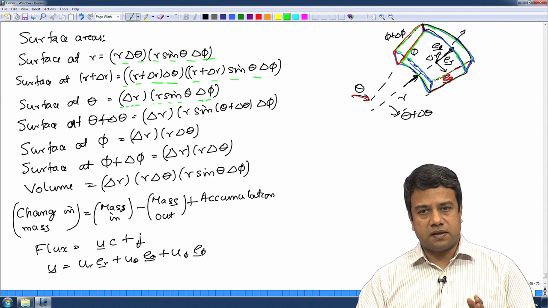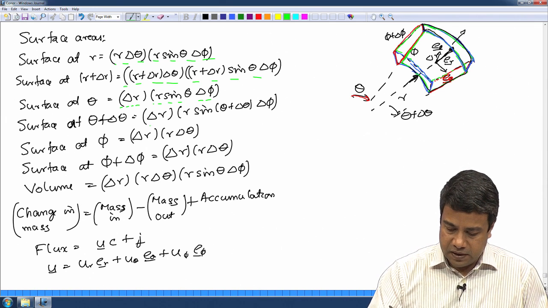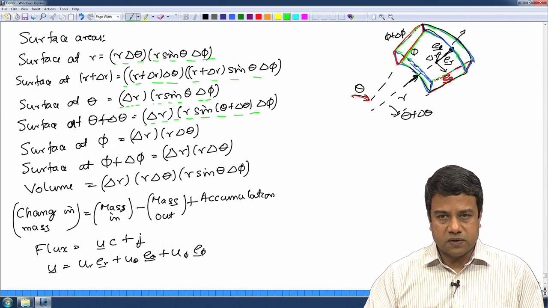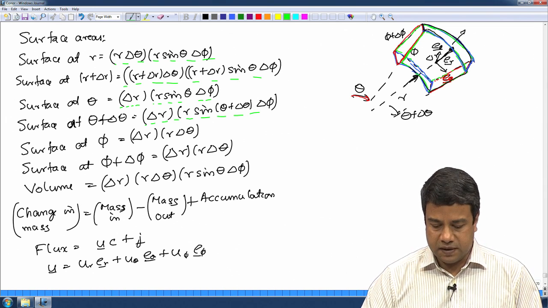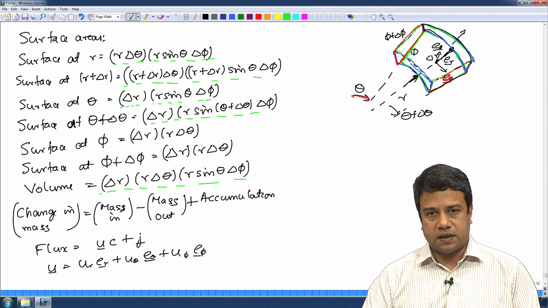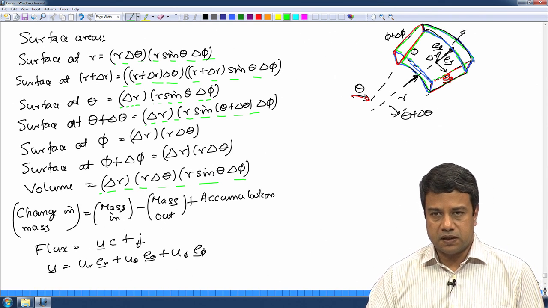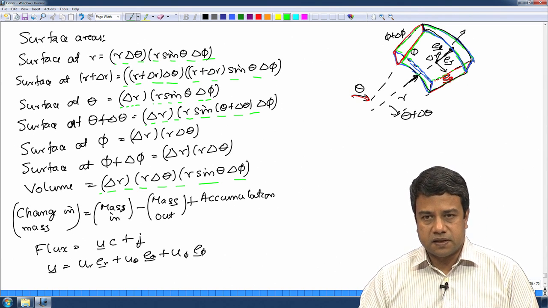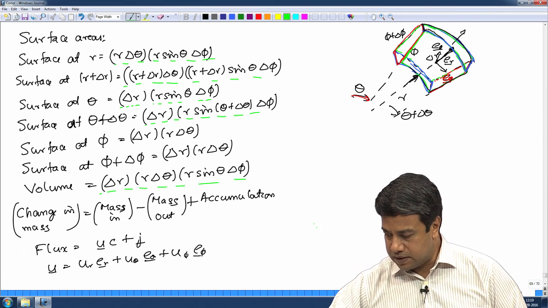That is the surface area of the surface at the location theta. Similarly, at theta plus delta theta. And then you have two surfaces at phi and phi plus delta phi. The total volume is the product of the increments, the distances in all three directions. And using these surfaces for this differential volume, we will write down the balance equation.